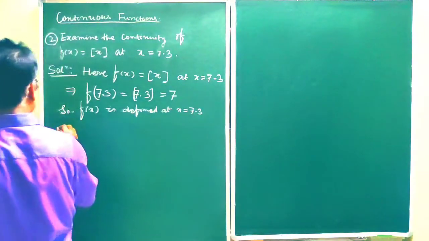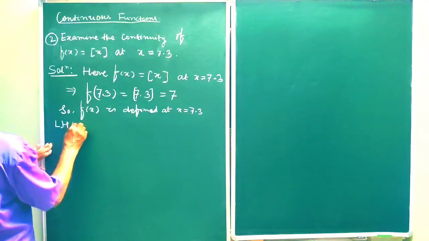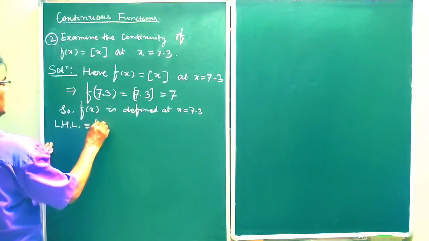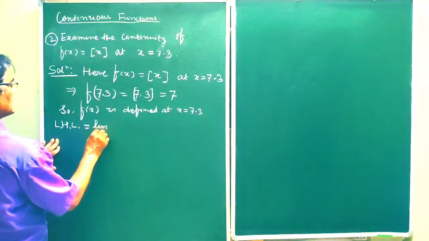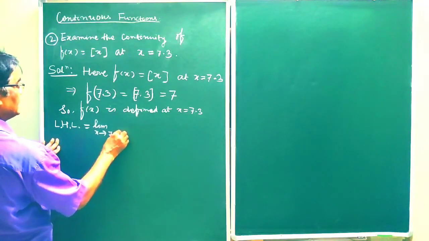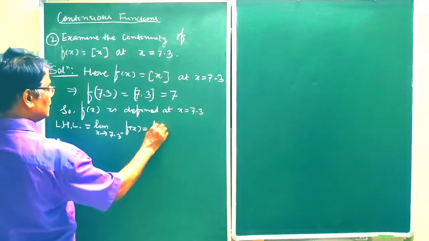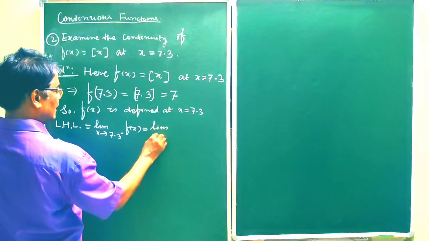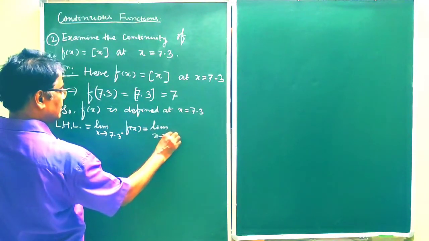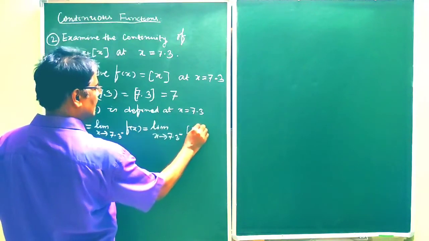Now left hand limit, x tending to 7.3 minus f(x) is equal to limit x tending to 7.3 minus [x].